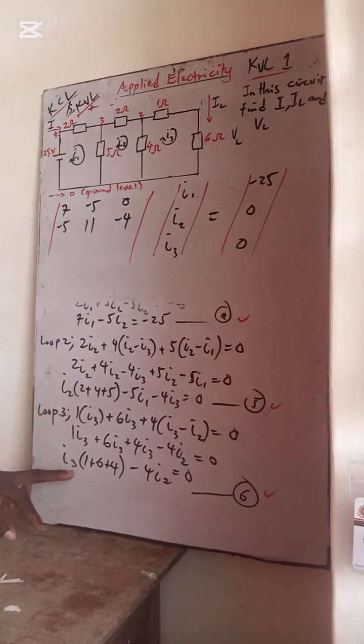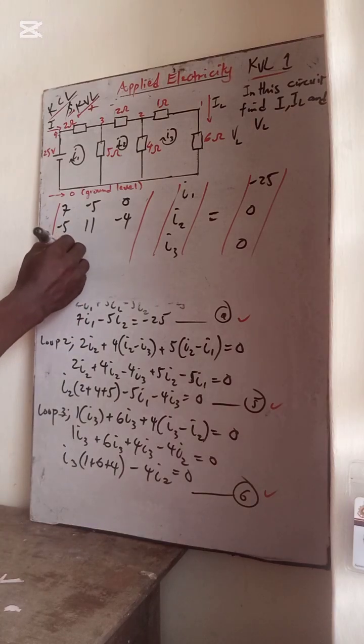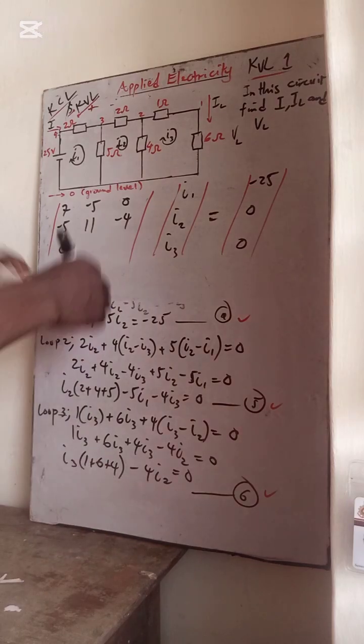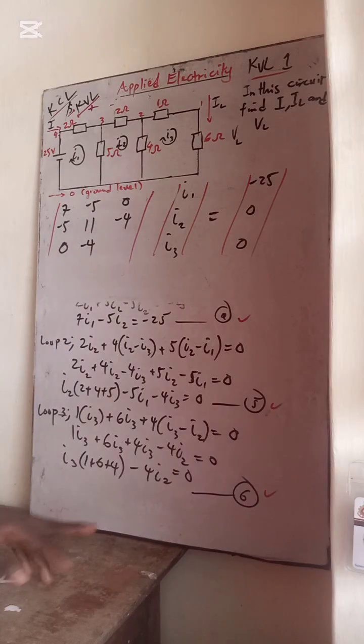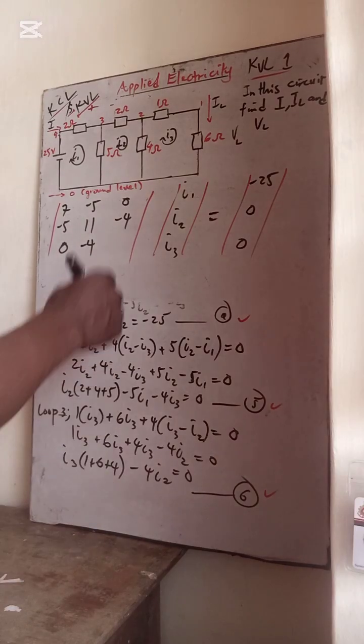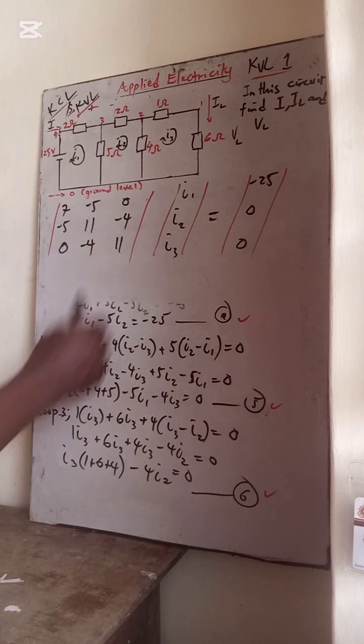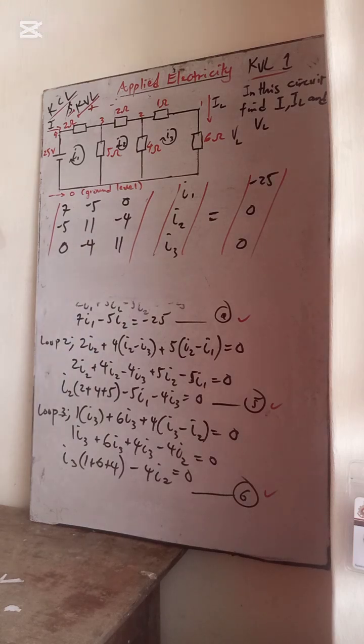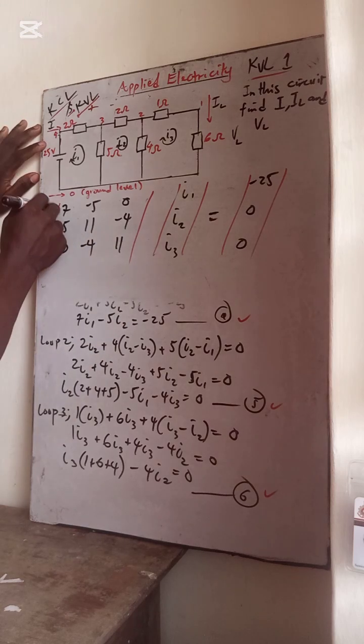Very interesting. So you have I1 here? No. So you put 0. I2 is what? Minus 4. And I3 is what? 1 plus 6, 7 plus 4, that's 11. So we are now going to be calculating. This is our delta.